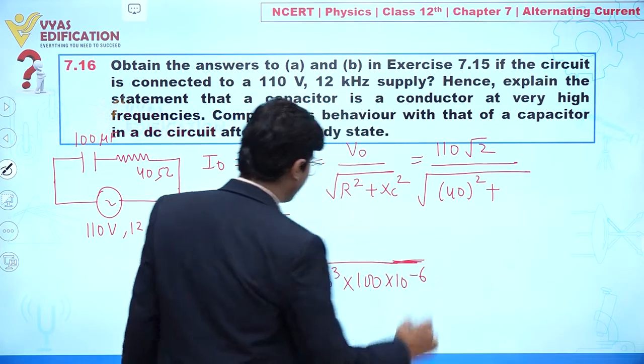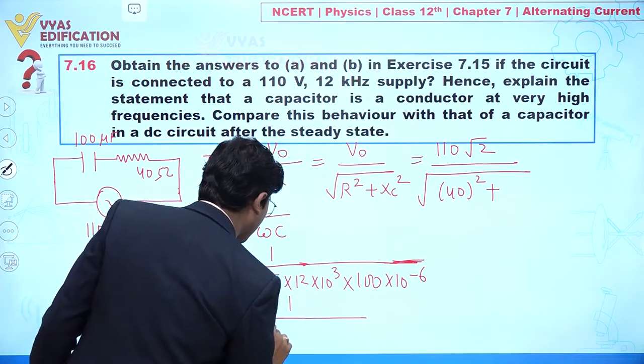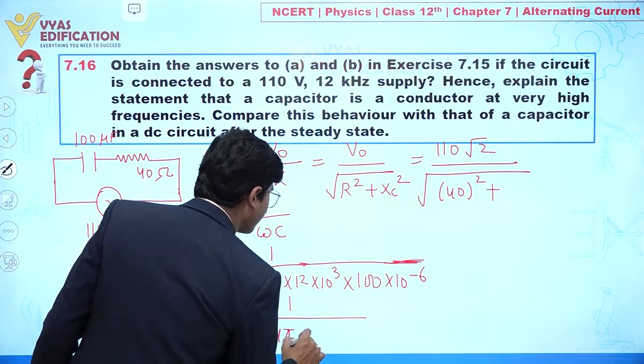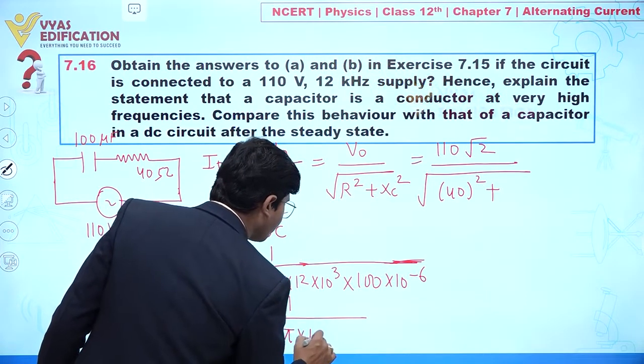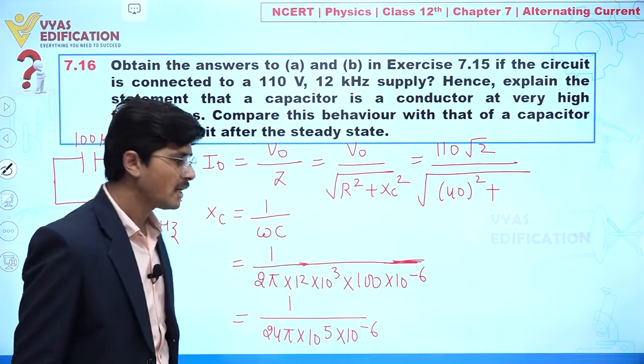So from here this is equal to 1 upon 24 pi into 10 to the power 5 multiplied by 10 to the power minus 6, yes or no?